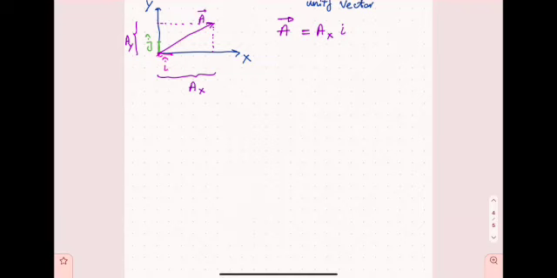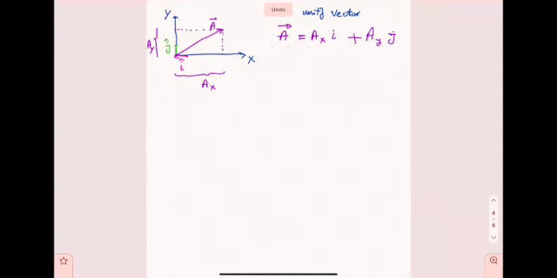And at the same time, A also has another component, which is A of y times j hat. And now that is how we represent a vector in this coordinate.